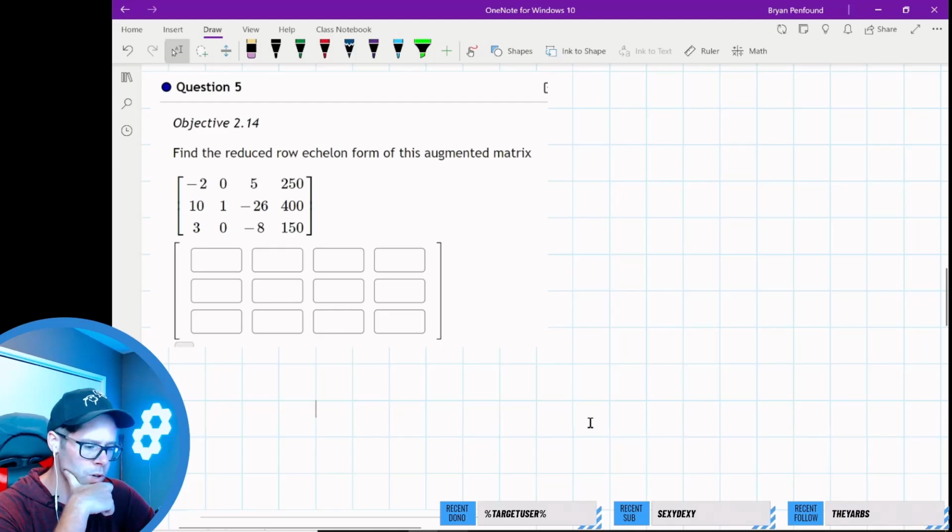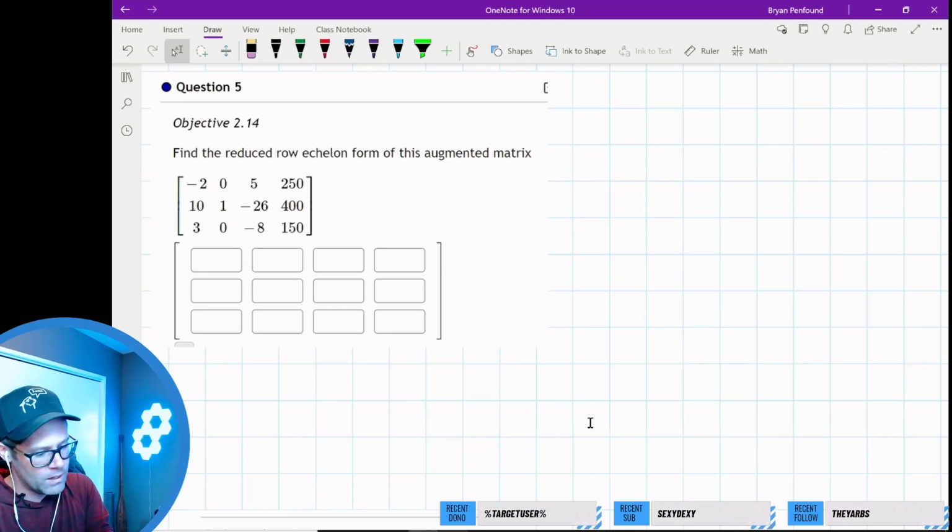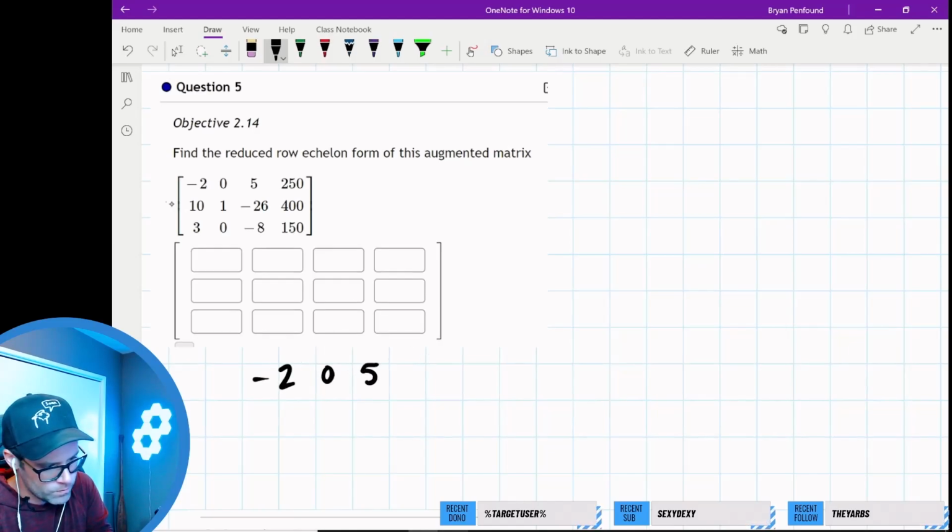Find the reduced row echelon form of the augmented matrix. Ooh, so we're going to have to do some work here. Nothing's super nice here. These are disgusting numbers.